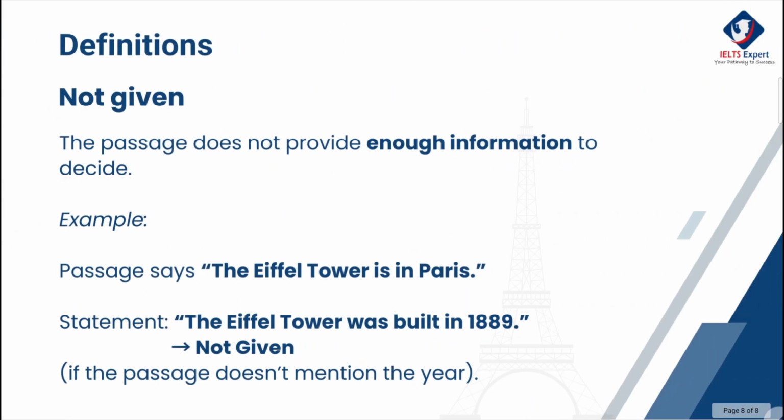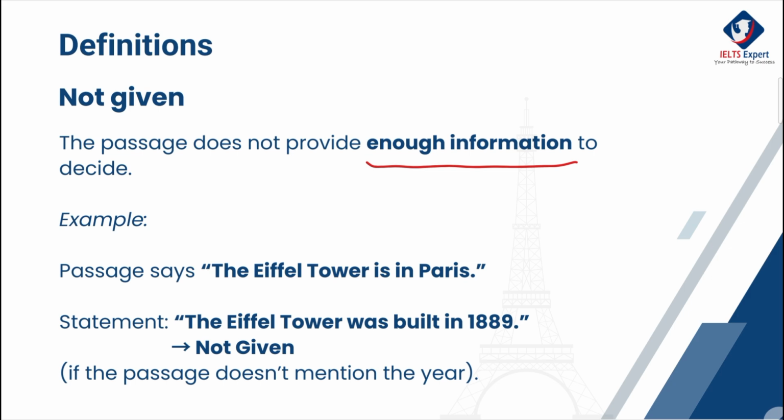Now let's look at another example for not given type questions, right? For example, when the passage doesn't provide enough information, that's important. When there is not enough information to decide, then you're going to decide not given, right?